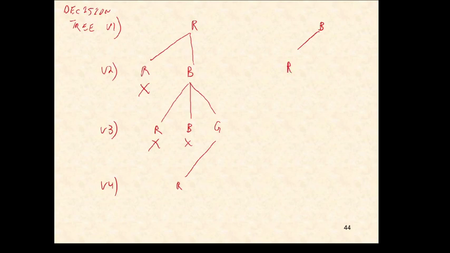Blue followed by red is okay, but blue followed by blue is a dead end. Since V1 and V2 are adjacent, red is a dead end, and so are blue, green, and orange. That's 1/4 of the tree that we've eliminated.